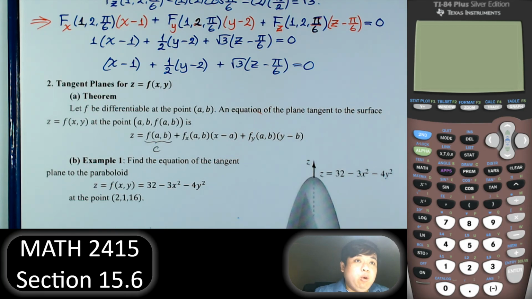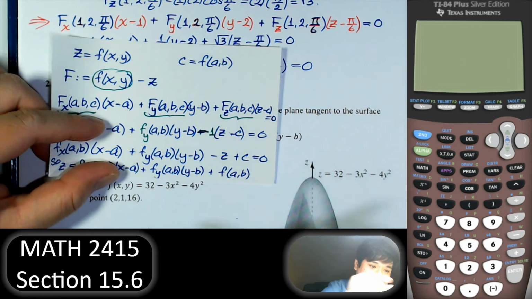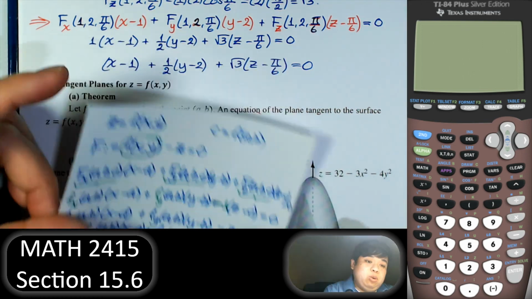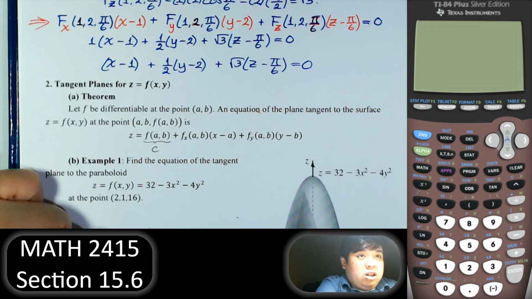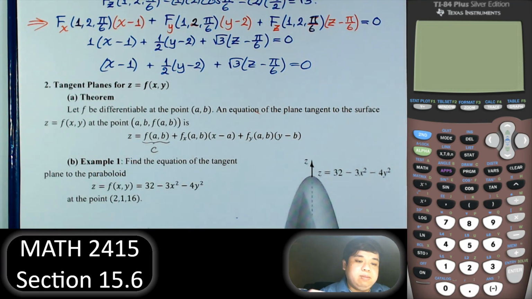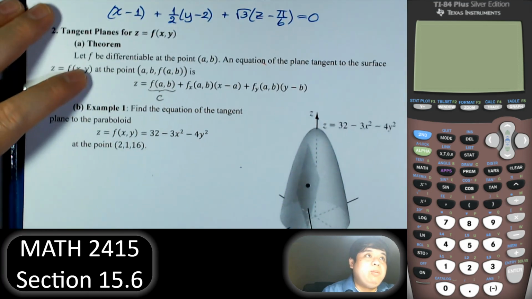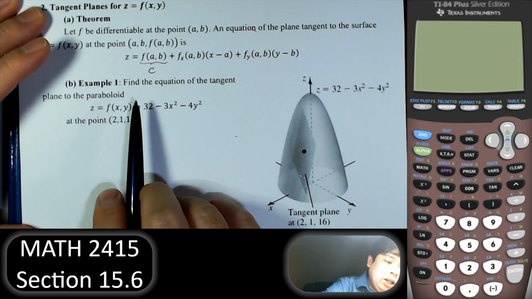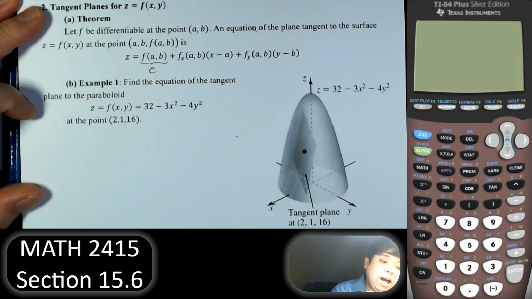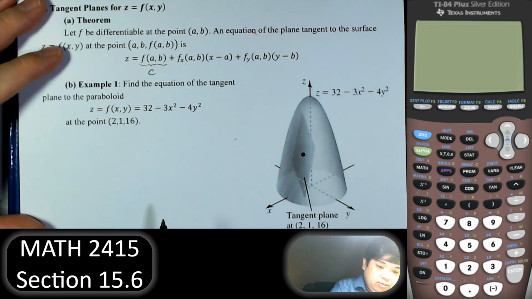But either we move everything to one side and make it equal to 0, with the left hand side equal to F, and then we do that for the level surface, or we're just going to use this equation. Either way works. I'm going to do both for this problem. Find the equation of the tangent plane to the paraboloid. So this is a little f, the explicit function.